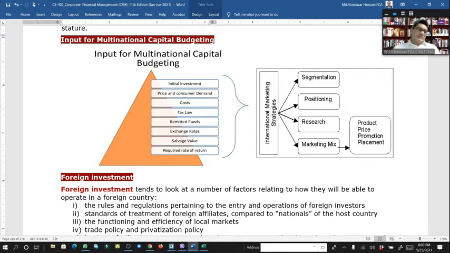Also, sometimes there is a depreciation issue. For example, different countries give different types of depreciation facilities. In the initial stage, accelerated depreciation is allowed. Accelerated means 50%, 40%, or 60% of the capital investment is allowed for depreciation.